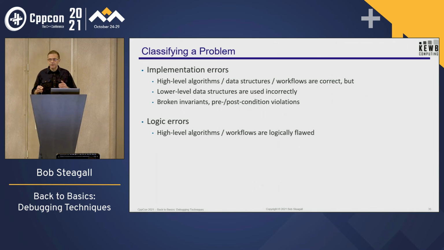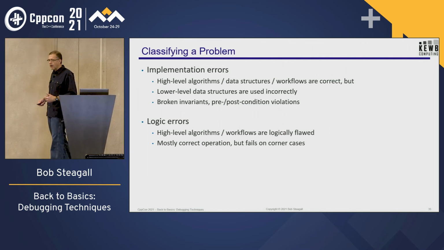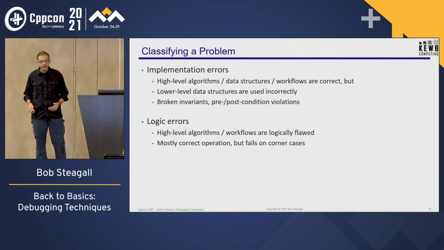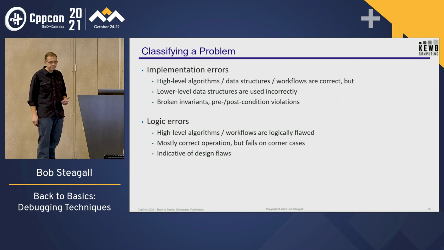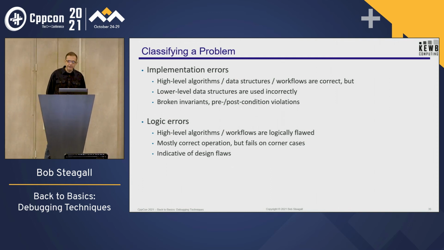They are not algorithmically correct. So a lot of times you'll see mostly correct operation, but there'll be failures on corner cases that were failed to be considered before. These are usually indicative of design flaws, and those are usually expensive to fix.